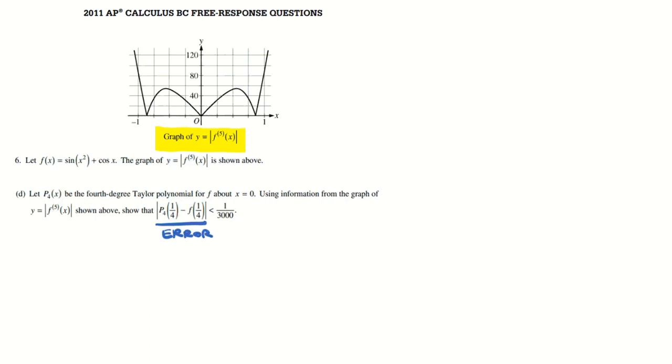Well, I know that for a Lagrange error bound scenario, I'm going to work off to the side. Error is bounded by kind of the next term. Well, if I used a 4th degree Taylor polynomial, then it's going to be the 5th power term. So it's going to be the maximum of the absolute value of f's 5th derivative over the interval 0 to 1/4, because we're centered at 0 and we're plugging in x equals 1/4.